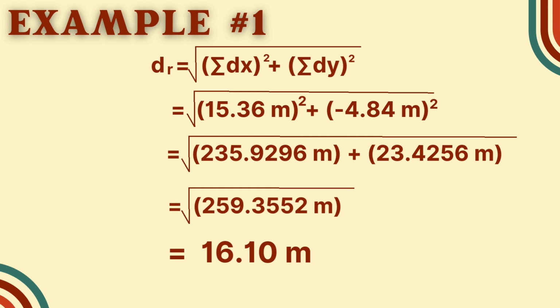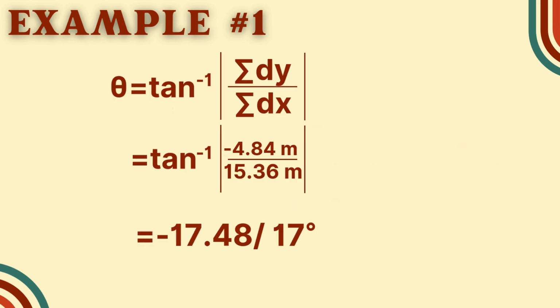And for our dR is equal to the square root of the quantity of summation of dx squared plus the quantity of summation of dy squared. So it is equal to 16.10 meter. Then for our theta is negative 17.48, so it will be 17 degrees because since it is absolute value, positive 17 degrees.